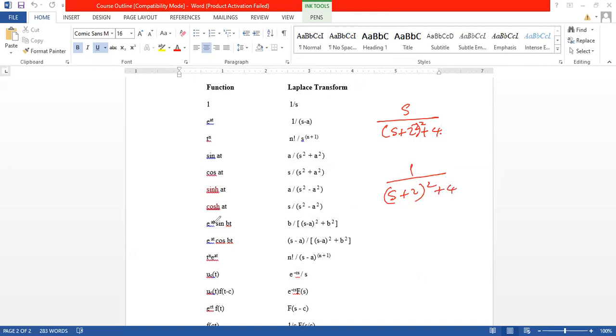Let's deal with the easier one first, this one here. We have to put a 2 up here, because b squared is 4, and b has to be at the top. But if we put a 2 up here, to get back to 1 we have to put a half outside.